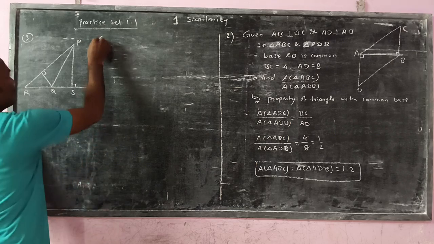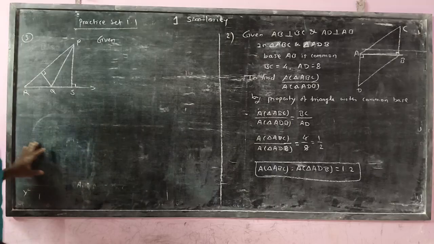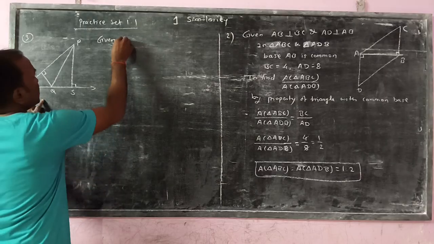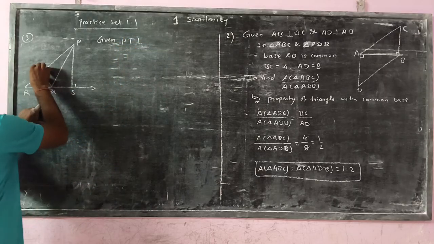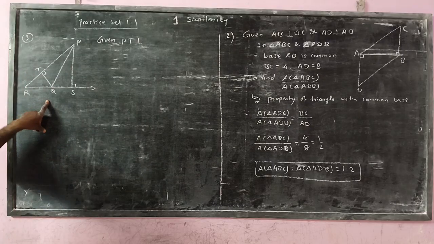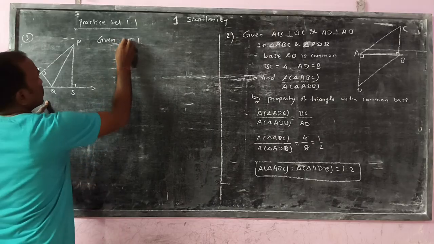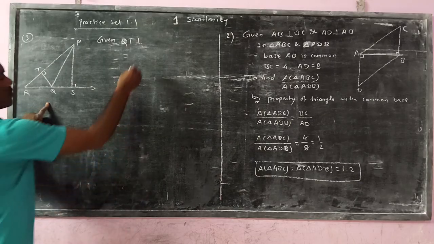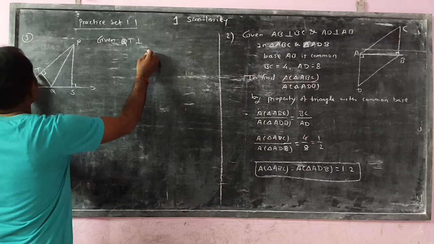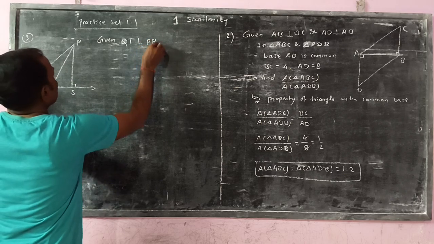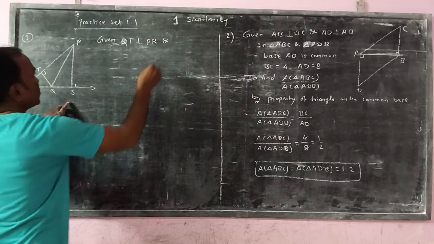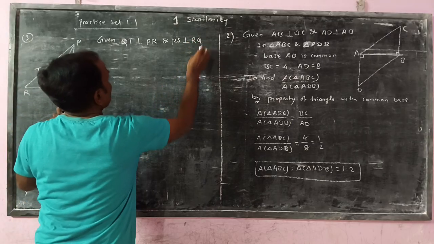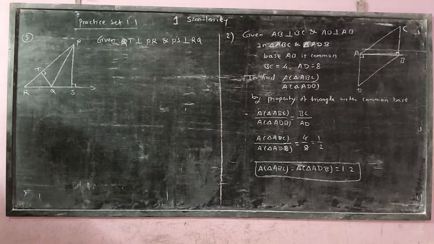Now given in this problem, QT is perpendicular to PR and PS is perpendicular to RQ. These are the heights of two different triangles.